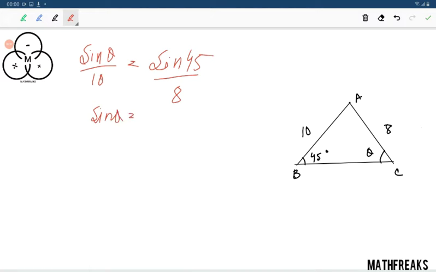Sin theta equals 10 by 8 into 1 over root 2, which is 5 by 4 root 2. Use the calculator and find out the value. I am having a graphical calculator, I am using that. Just a minute, let me compute the value.